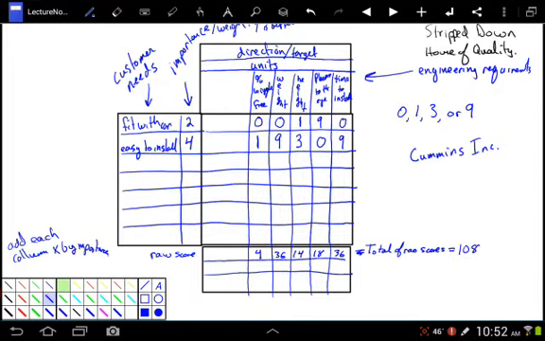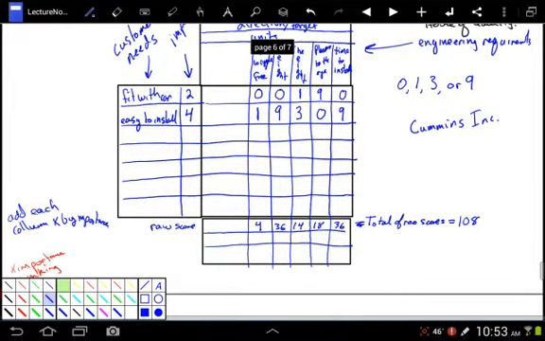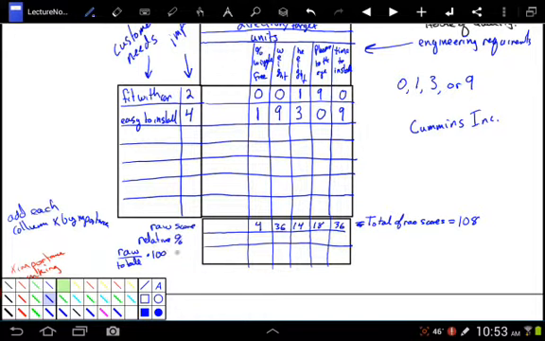All right, and then what we're going to do is calculate our relative percent. That means taking each of these scores and dividing it by the sum of our scores. Relative percent is our raw score divided by our total, multiplied by 100.